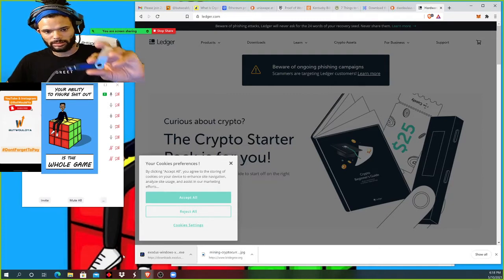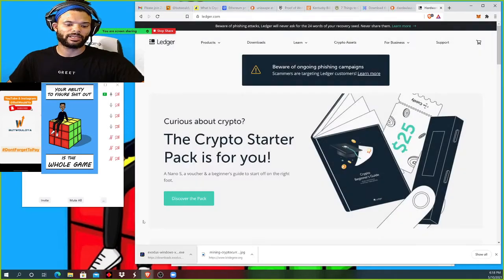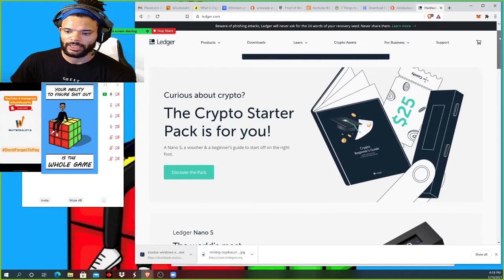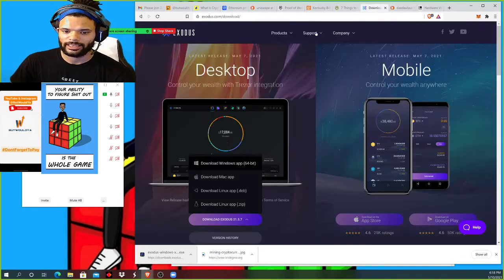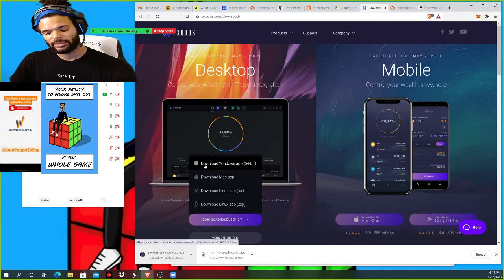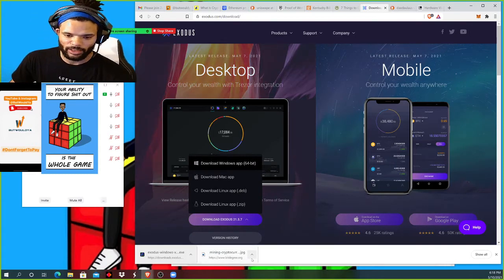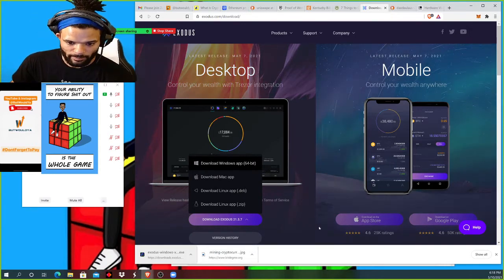No, you don't need a VPN unless you're gonna do a Binance. A ledger, I would suggest to everyone because it's a cold storage wallet, right? So any digital wallet, like this Exodus wallet, it's digital. It can be hacked. A ledger is a cold storage hardware wallet. So I'm not saying it can't be hacked, but it's not connected to the internet.